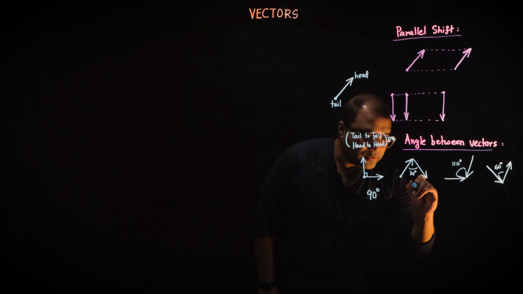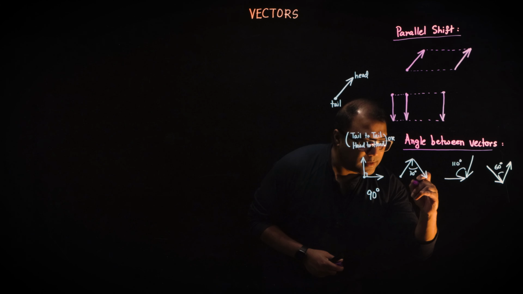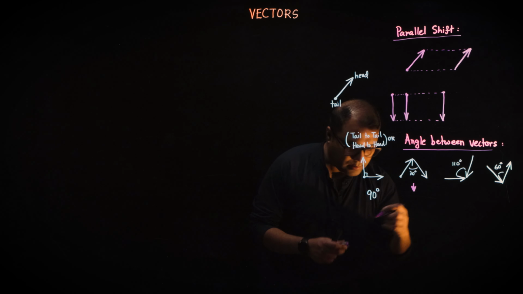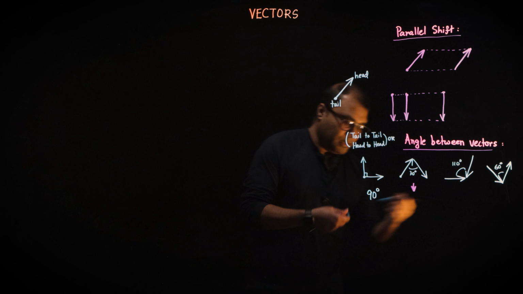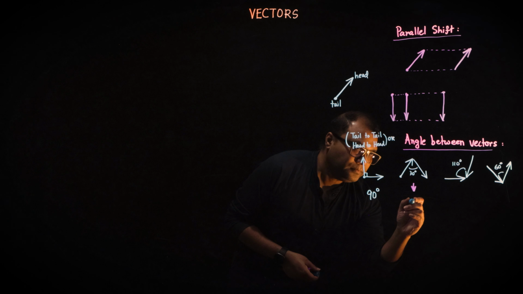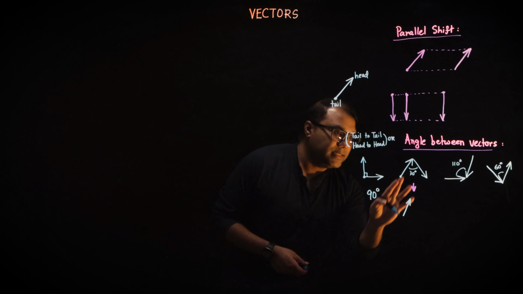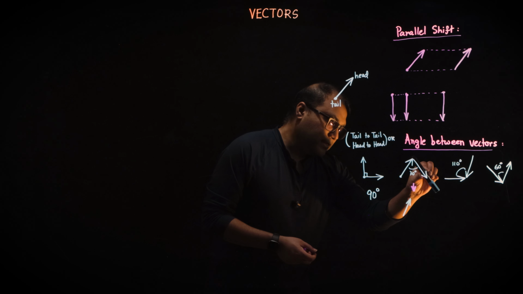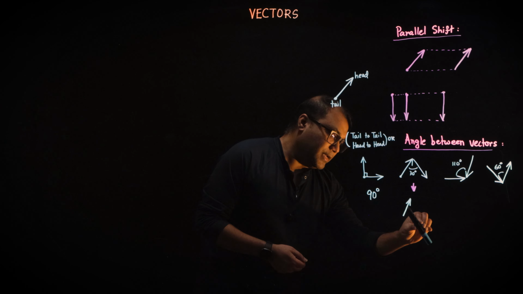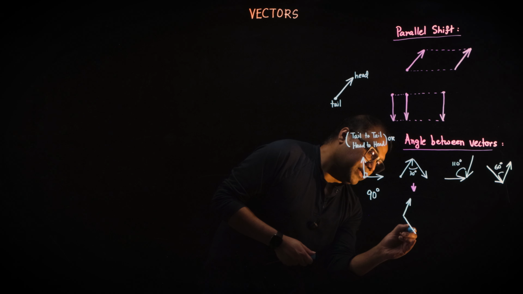So what can I do to fix this? What I can do is parallel shift. So let's say I keep this first vector like this, same orientation, but now this vector I shift it parallelly down and I shift it here.